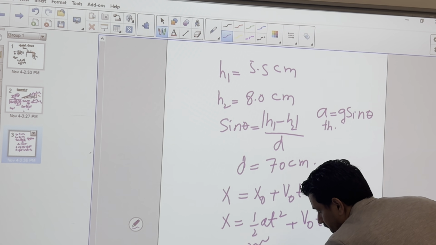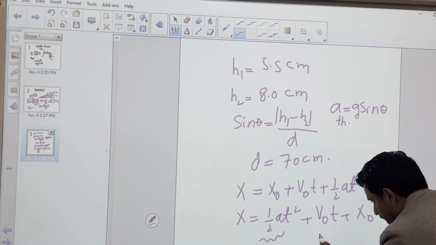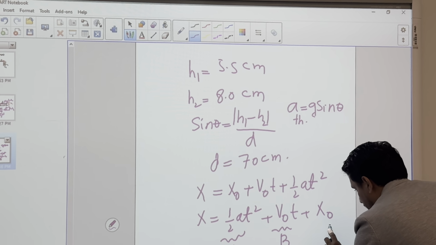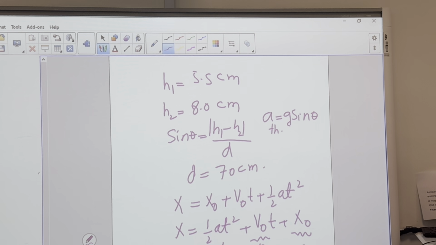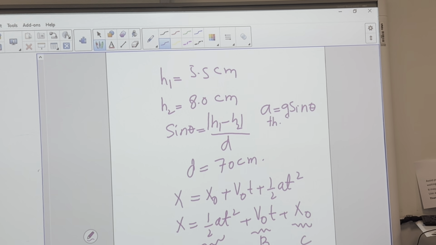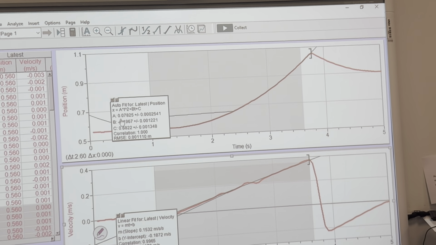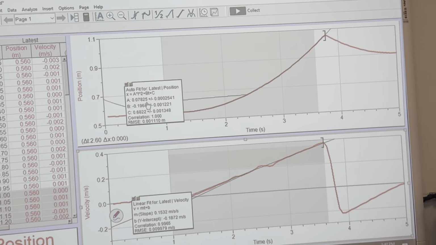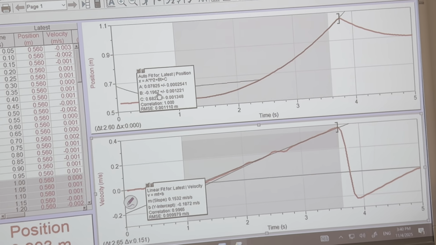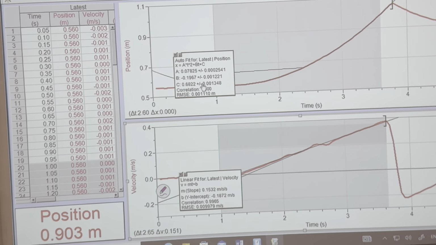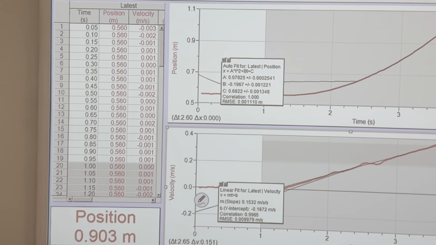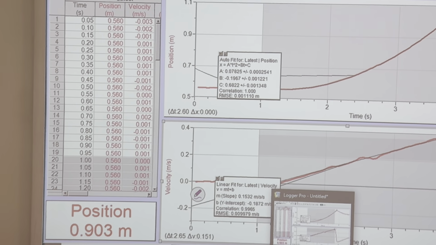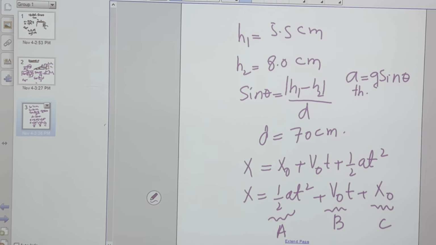So this is your a, this is your b, and this is your c. So your a is 0.07825, your b is negative this, and your c is this.